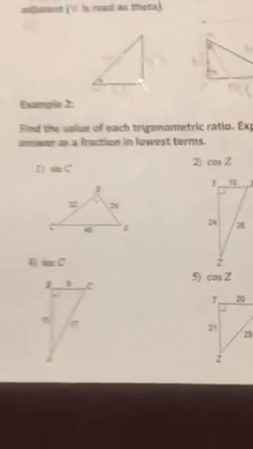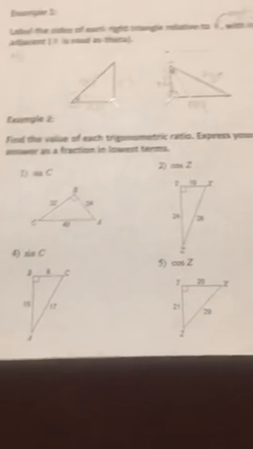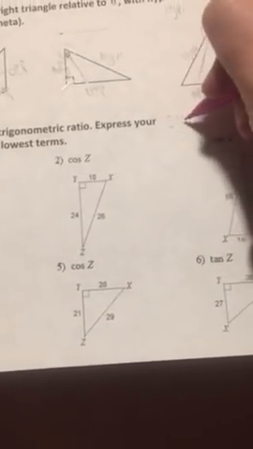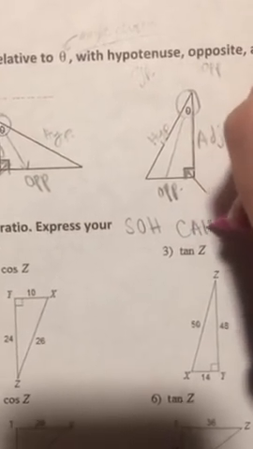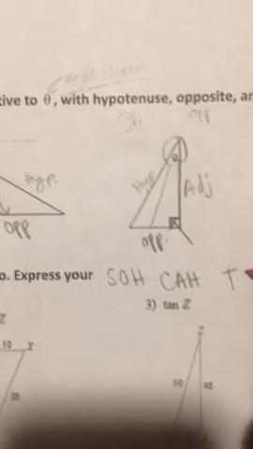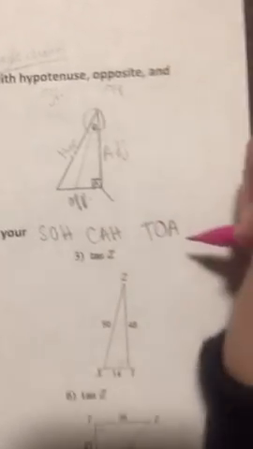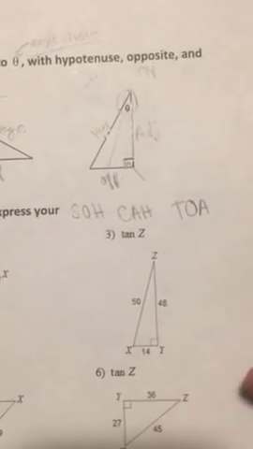Alright, this is going to help us find the trig ratios, and we're going to represent them as a fraction. So a saying we can use to remember this is SOHCAHTOA. For me, I like to write it a little bit differently.